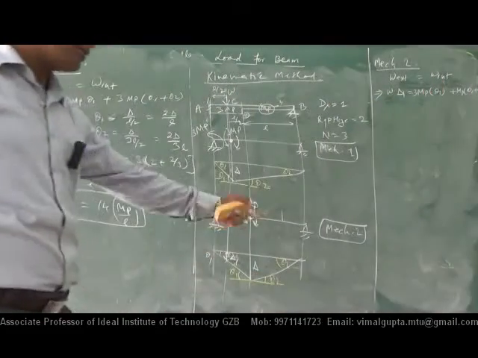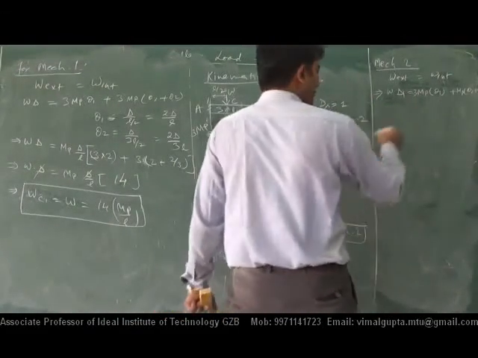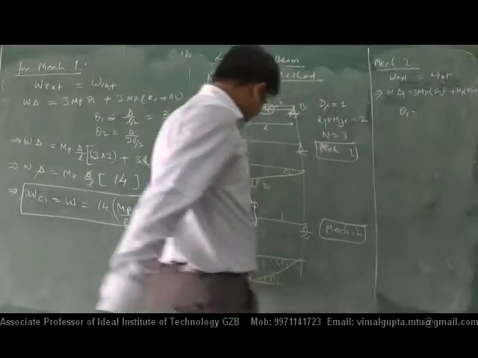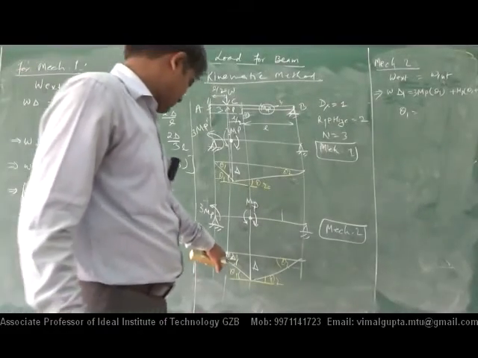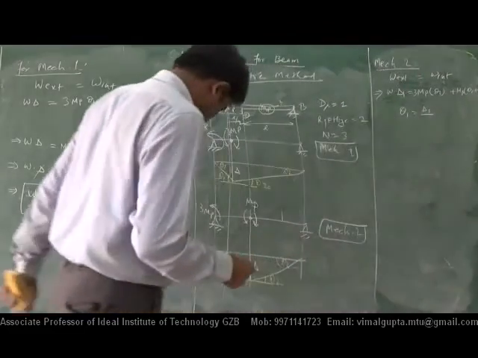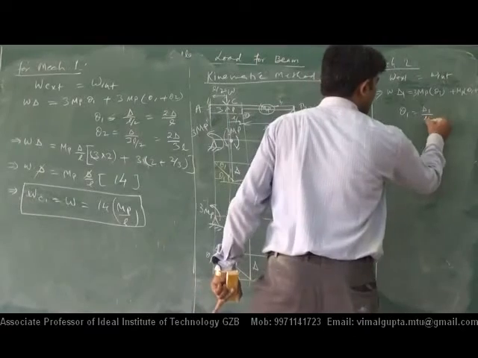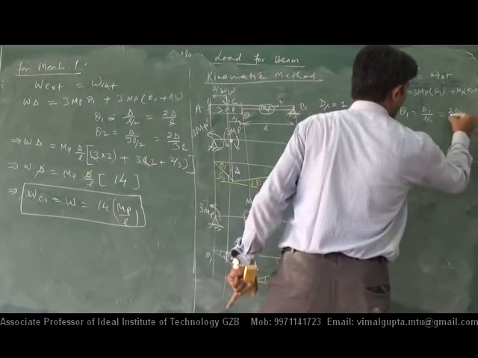Another? No is there. So replace. We know very well how to eliminate that. Theta 1, value of theta 1 is how much? It is delta 1 by this one distance L by 2. L by 2 means it is 2 delta 1 by L.